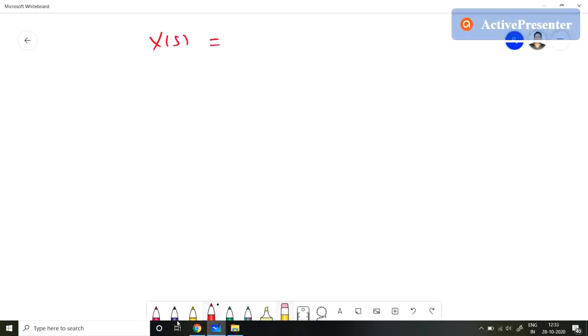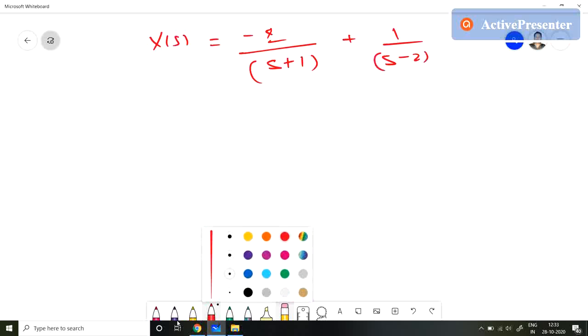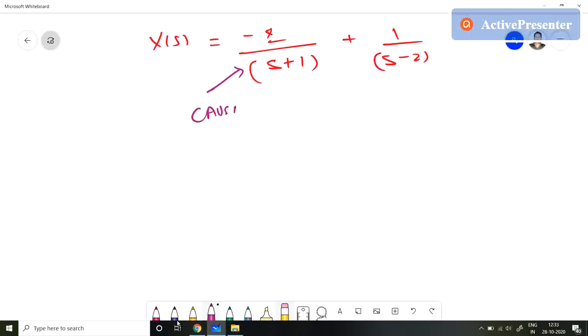So let us take that we have minus 2 divided by s plus 1 plus 1 divided by s minus 2. Let us take that this signal is causal and this signal is also causal.